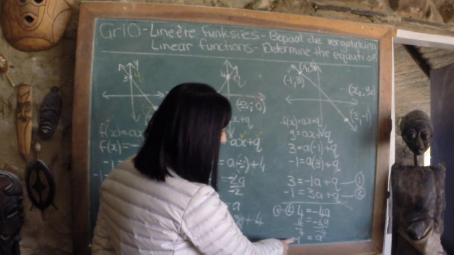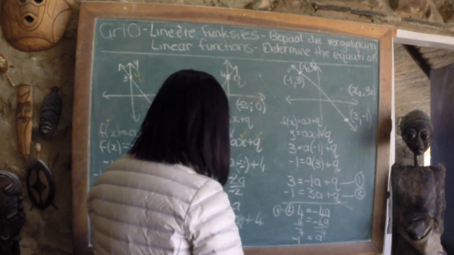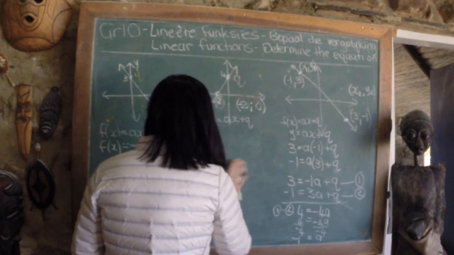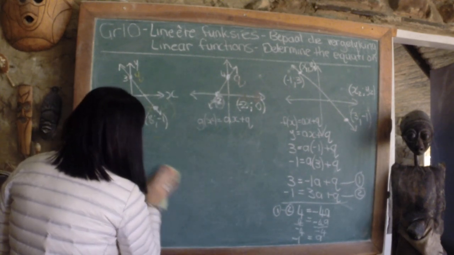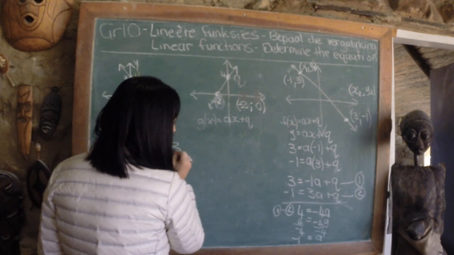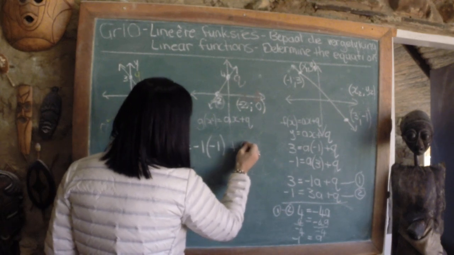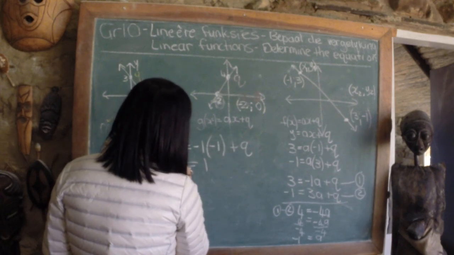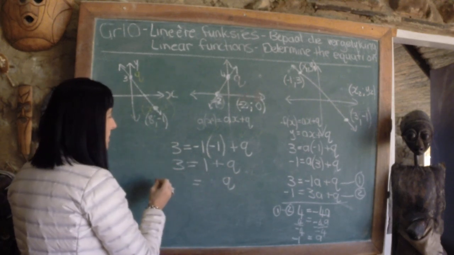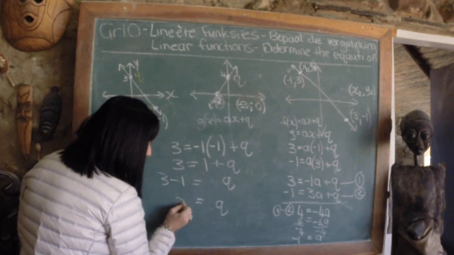Let's do substitution. Ons sit vir a wat minus 1 is, sommer in daai vergelyking se plek, to get the value of q. So ek kan nou gaan sê, vat vir a, sit hom sommer in die eerste vergelyking in. Minus 1 plus q, en dit word plus 1, so q is gelyk aan, if you take the 1 to the other side, it becomes a minus, so q equals 2.